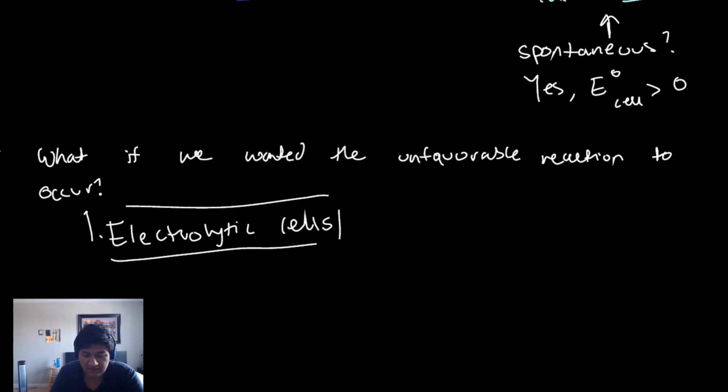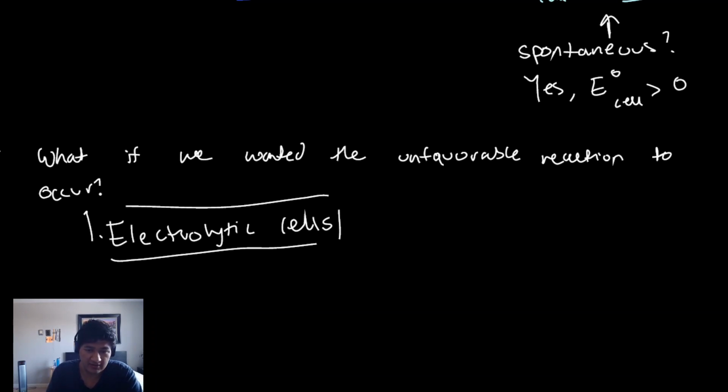So electrolytic cells are essentially the opposite of galvanic cells, where you're going to reverse the battery and you're going to induce the unfavorable reaction, which means that it's not going to be spontaneous. That's why we have this extra battery component that's going to induce that entire reaction.